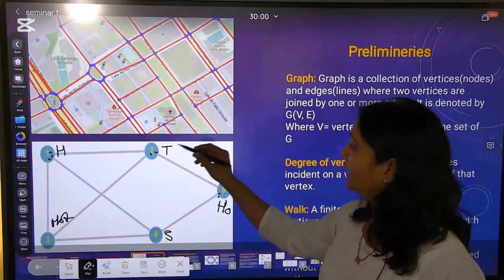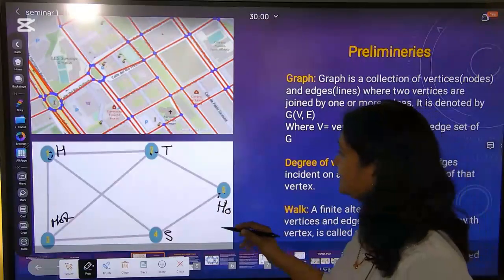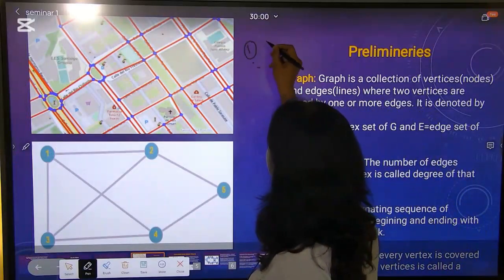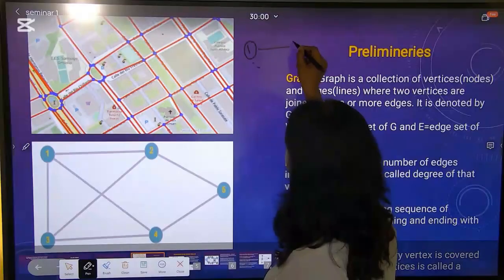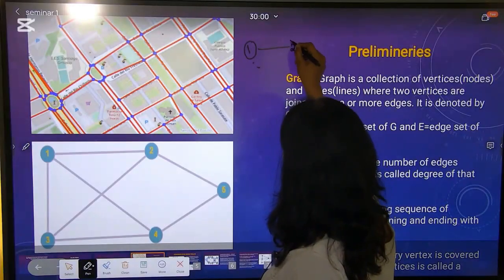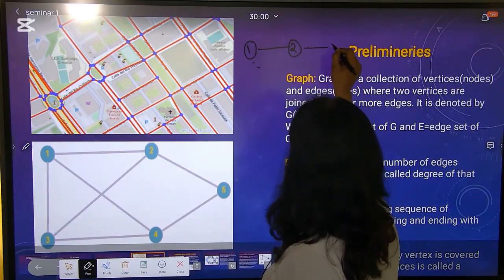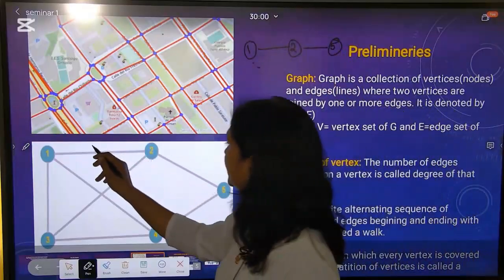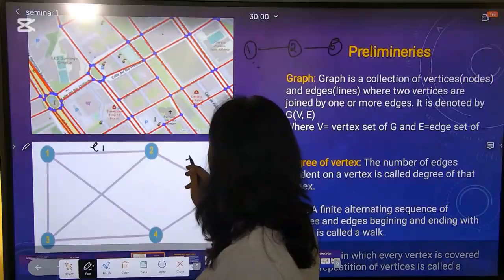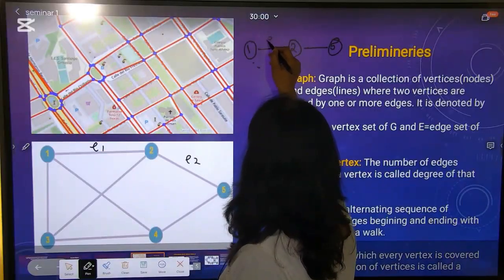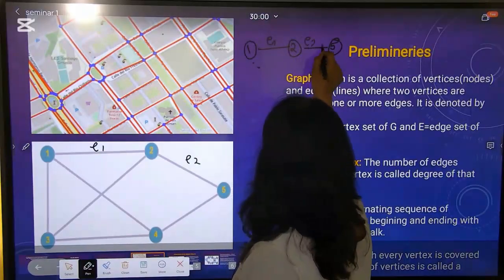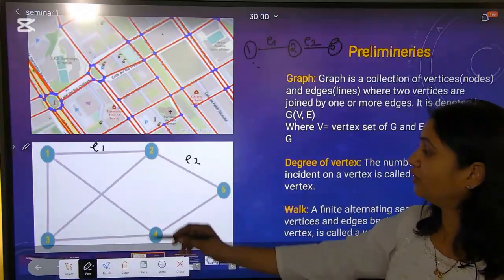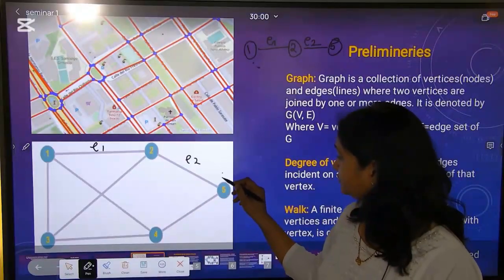So, if we want to write the walk, we can write it as the vertex 1, then the edge, this is 2, this is 5. Suppose this is the edge E1 and this is the edge E2. So, we can write it as 1, E1, and this is E2.